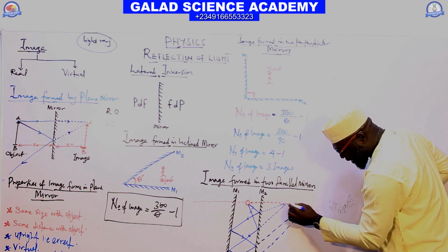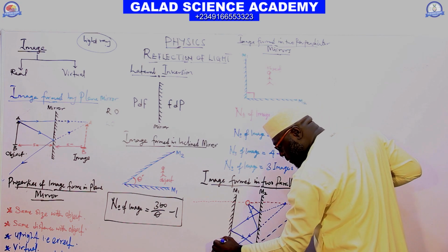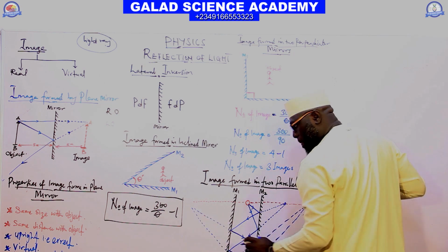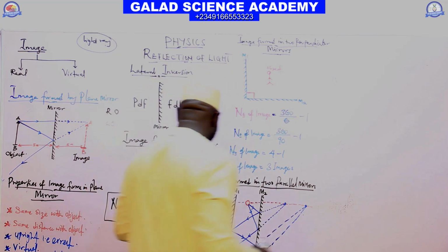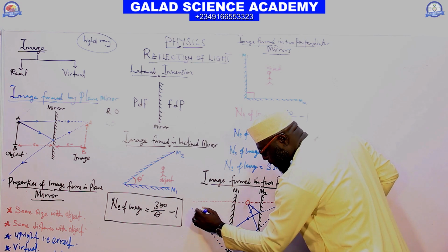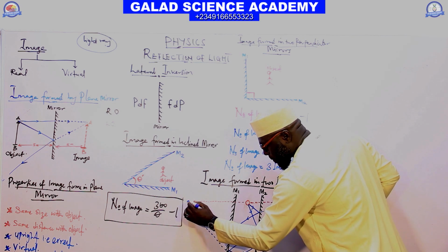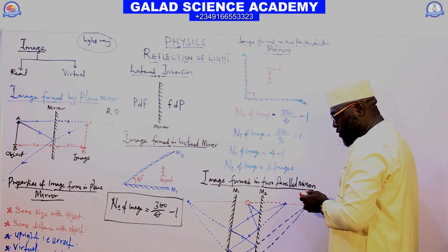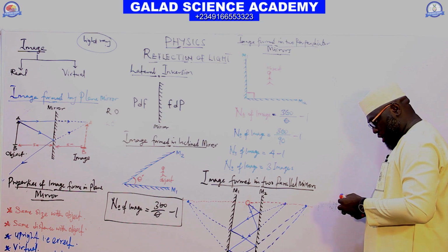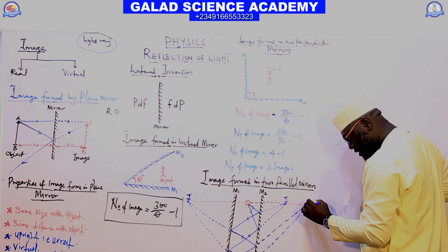So this point of intersection here, and likewise this one too, at this particular point we have an image.